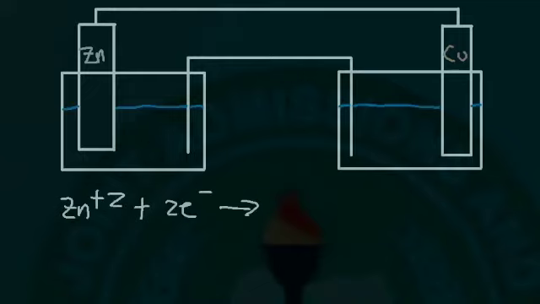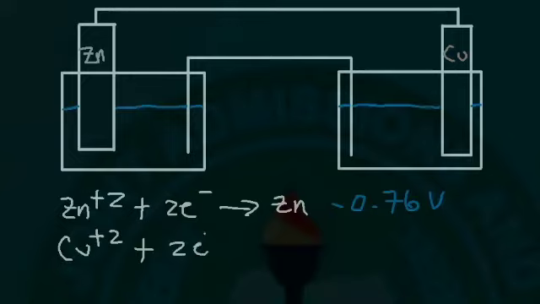This is the standard reduction potential for zinc, which has a voltage of negative 0.76. And here we have the standard reduction potential for copper, which has a voltage of positive 0.34.